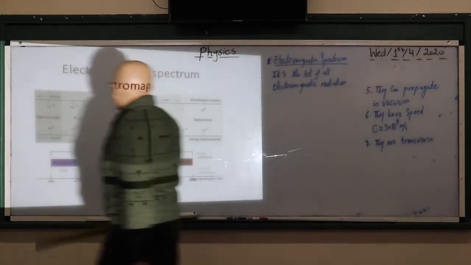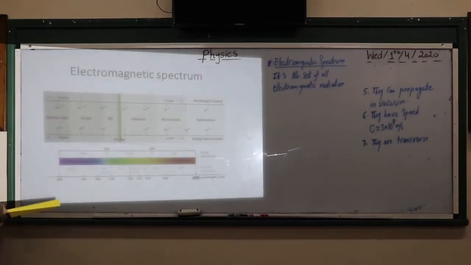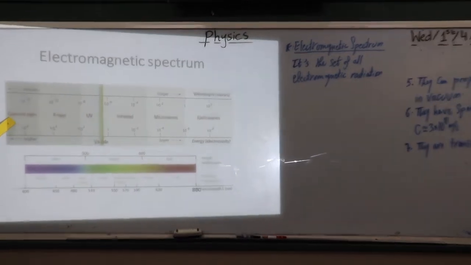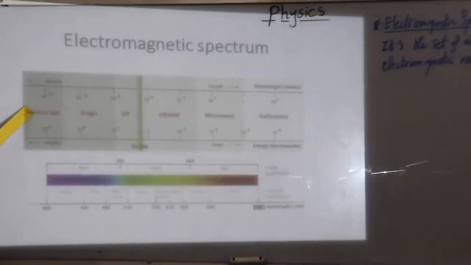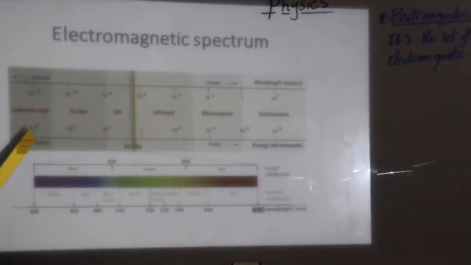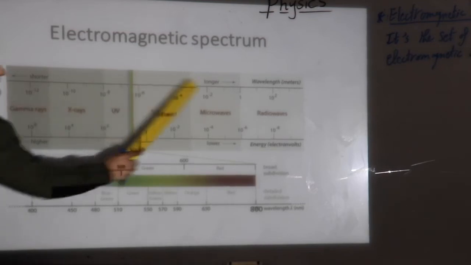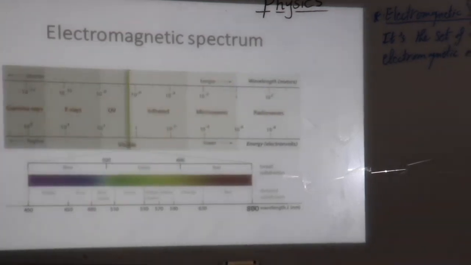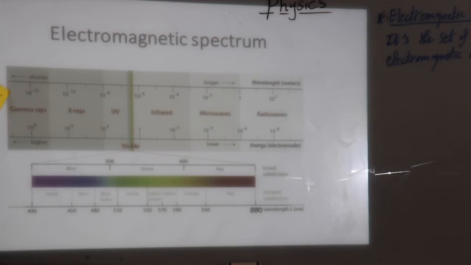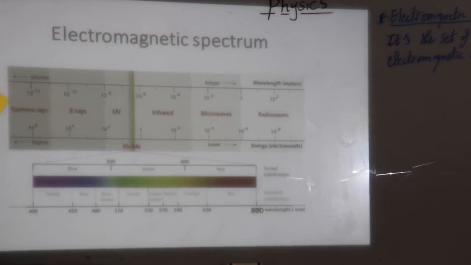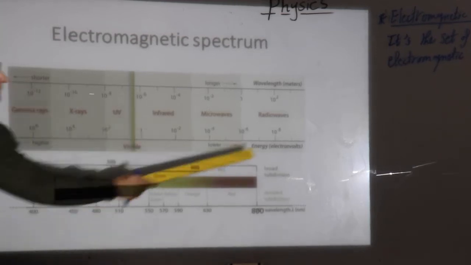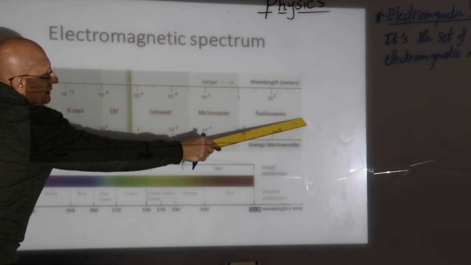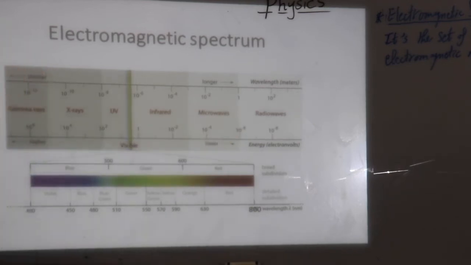First, you have gamma rays. These electromagnetic waves are arranged in increasing lambda, as you see. The first, gamma rays, have minimum wavelengths, and the last, radio waves, have maximum wavelengths.